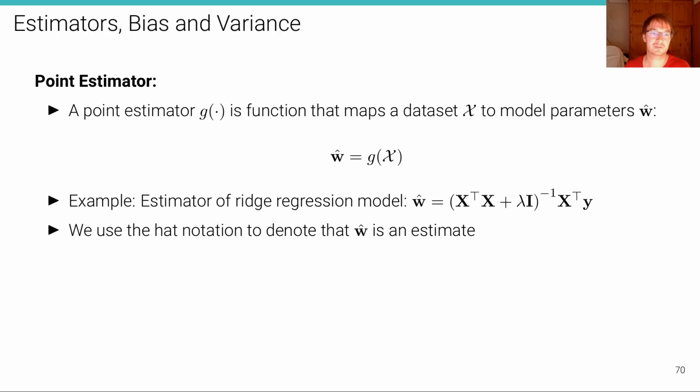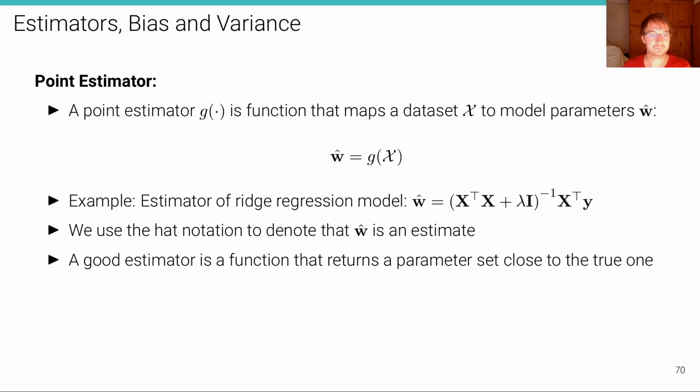It's called a point estimator because given a specific dataset, it gives us one single parameter vector. For instance, using ridge regression, we have a point estimator by executing this equation here, a closed form solution for obtaining the parameters.